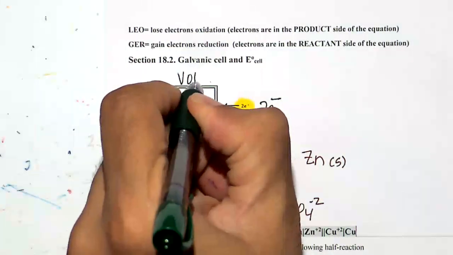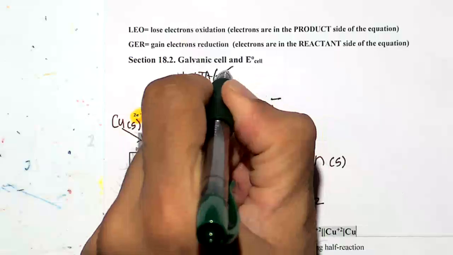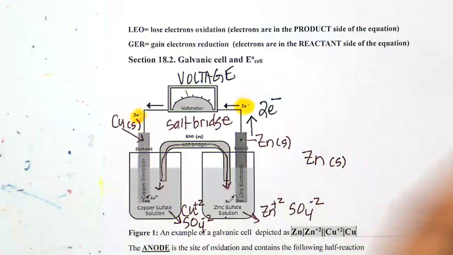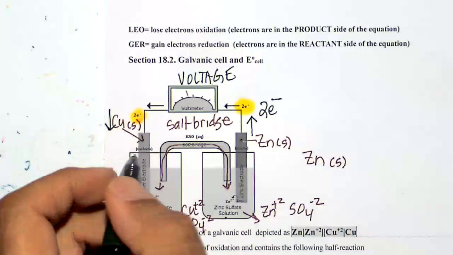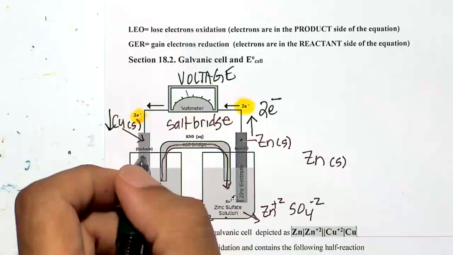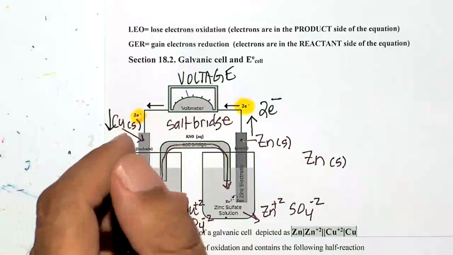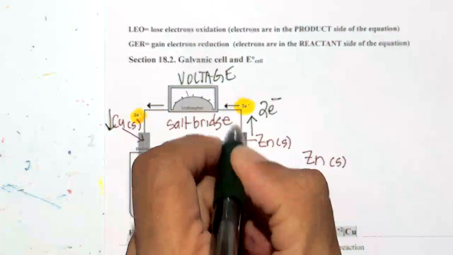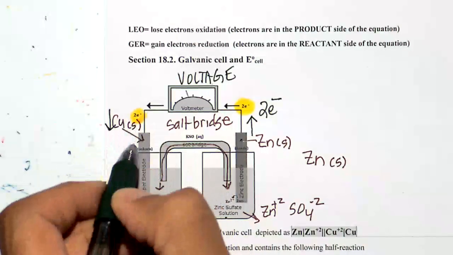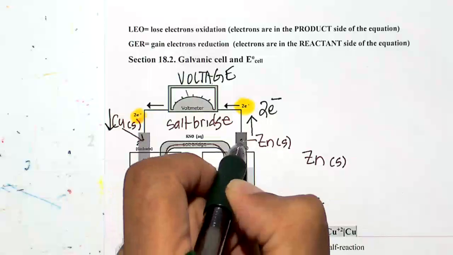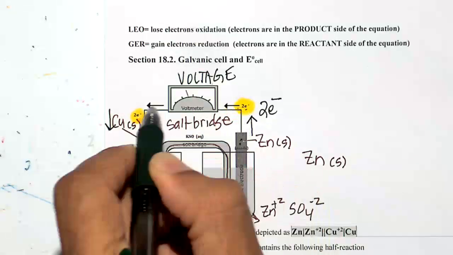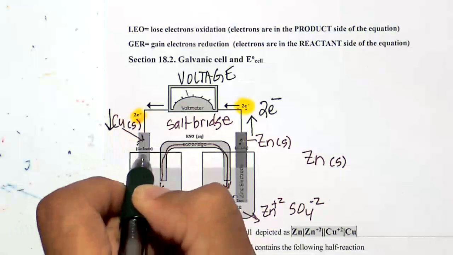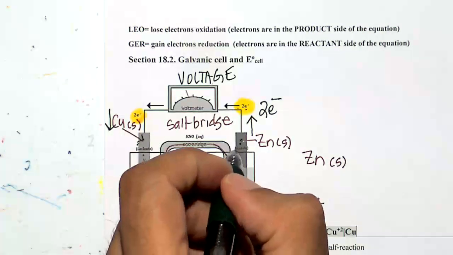They register a voltage. They go down this wire, and they will be reduced or gained by the copper. So the electrons are going to go from the zinc through the wire and into the copper solid.